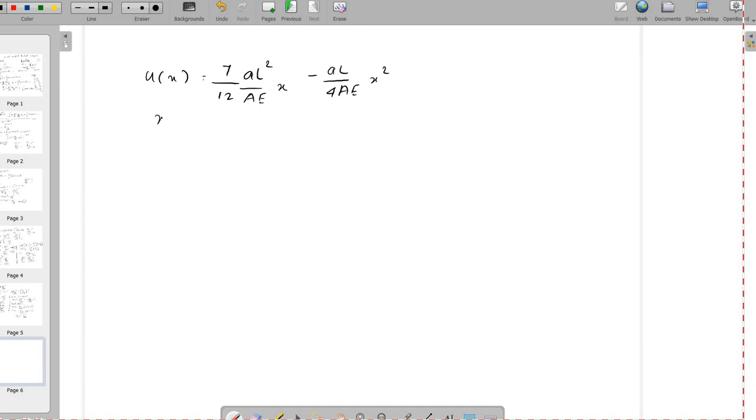When you substitute x equal to L, it is 7 by 12 AL cube by AE minus AL cube by 4AE.